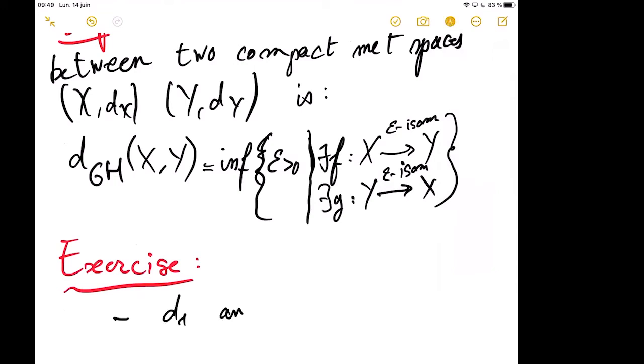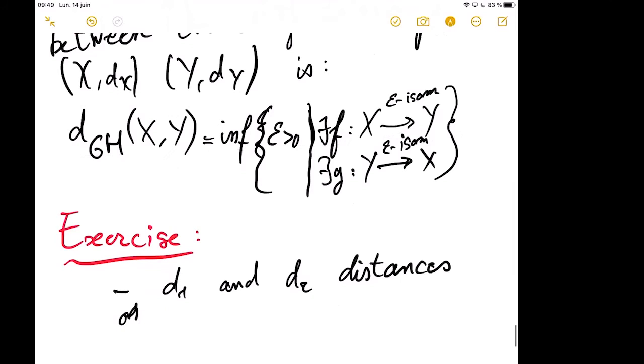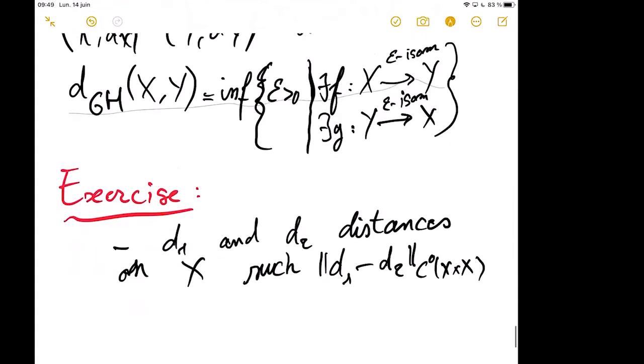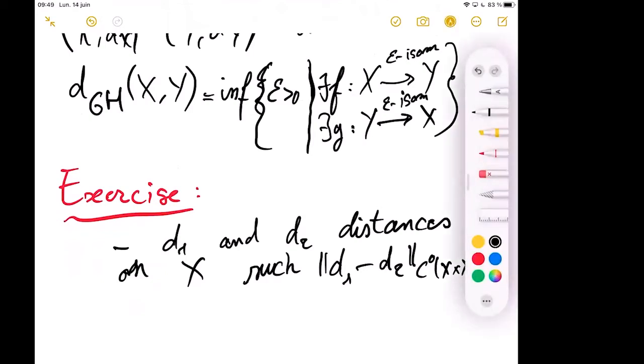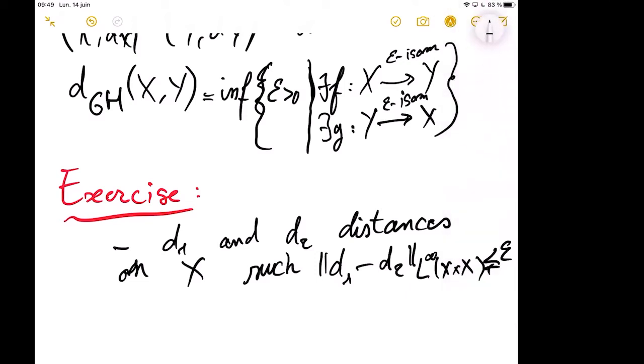So assume d1 and d2 are distances on some set X such that, as functions on X times X, so in C0 of X times X, so with the sup norm, yeah, maybe I should say it's not guaranteed that they define the same topology, so this function need not be continuous, so we just allow infinity. It's less than epsilon.